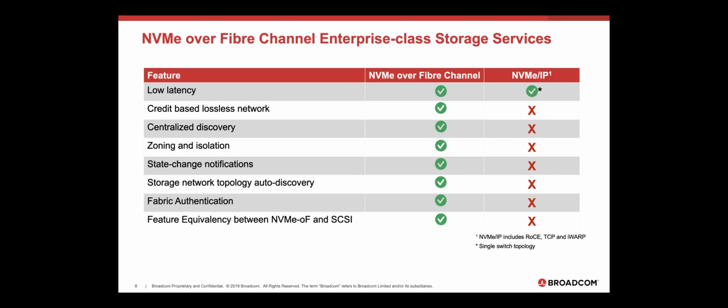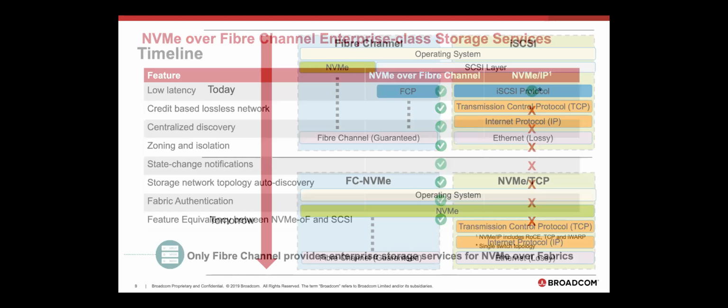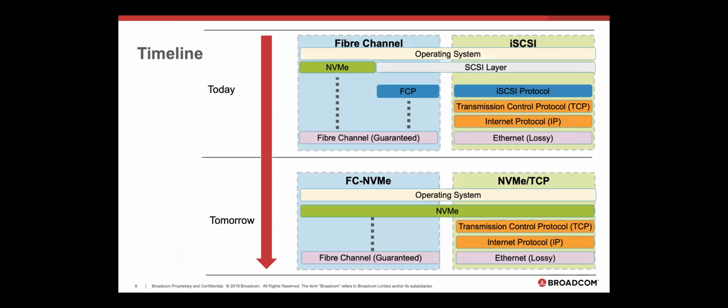And once you see that, then of course there's going to be this whole discussion of, well, how does it really compare with running NVMe over Fibre Channel? And that's where what I want to illustrate with this slide is the difference in the stack when you're running NVMe or SCSI on Ethernet or on Fibre Channel.